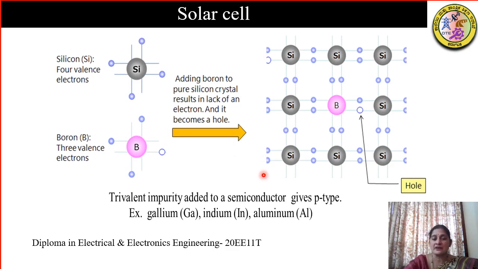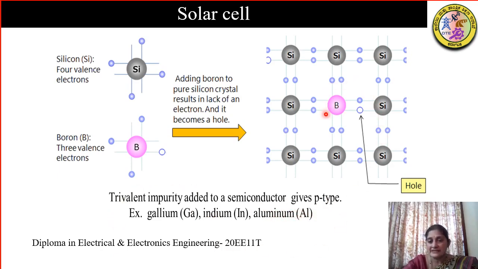How is this possible? Let us take an example of a p-type semiconductor. Out of all the silicon present, one silicon atom we are going to replace by a trivalent impurity, for example boron. Boron, gallium, indium, aluminium are all examples of trivalent impurities.